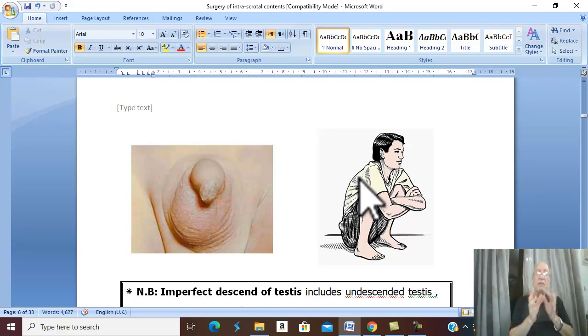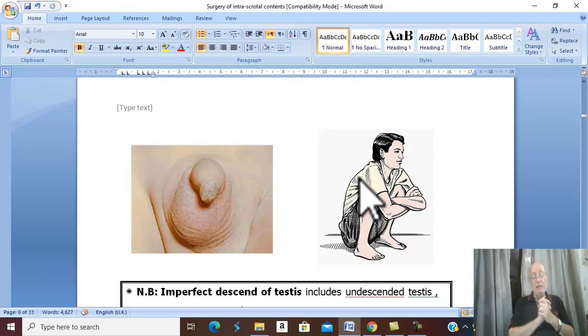In bilateral undescended testis, there is disfigurement of the external genitalia, and very rarely this disfigurement may be due to hermaphroditism, in which a person contains both testis and ovaries, male and female sex organs. This should be differentiated in cases of bilateral undescended testis.